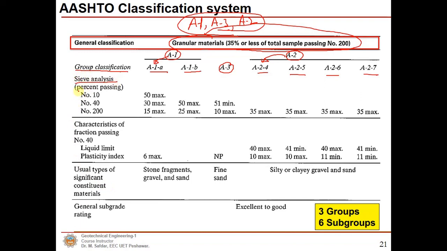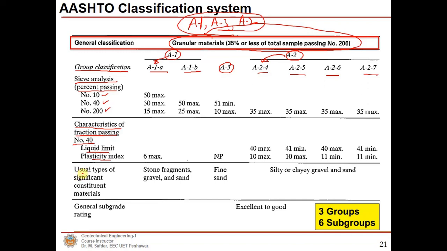Information about the percent passing the number 10 sieve, number 40 sieve and number 200 sieve is also given. In addition to the sieve analysis of the particle size distribution, characteristics of the fraction passing number 40, such as the liquid limit and plasticity index information, are also included and presented in this table.